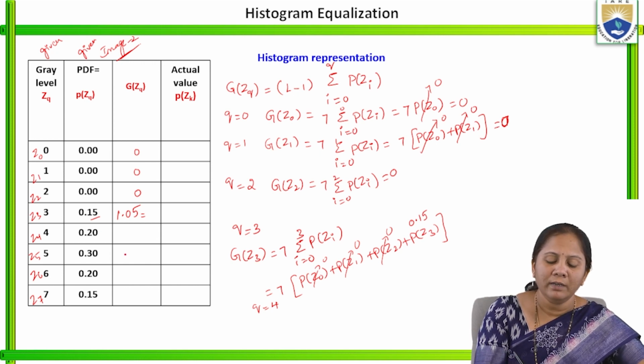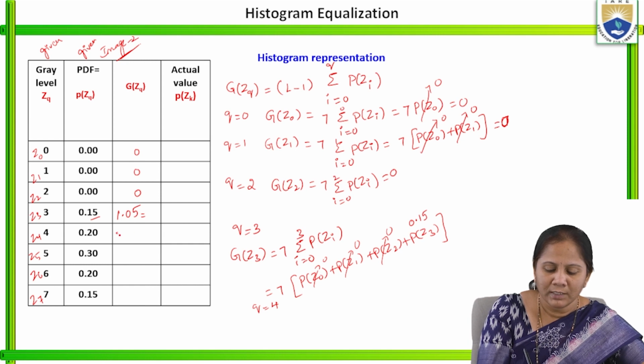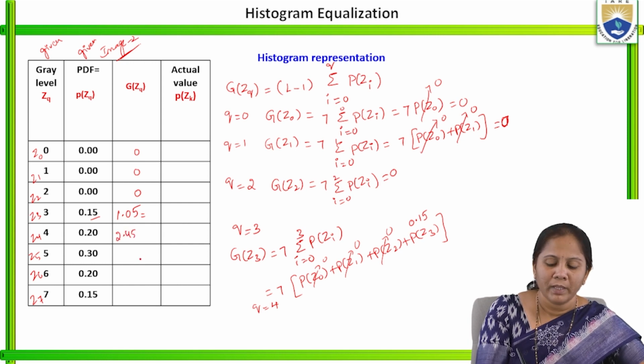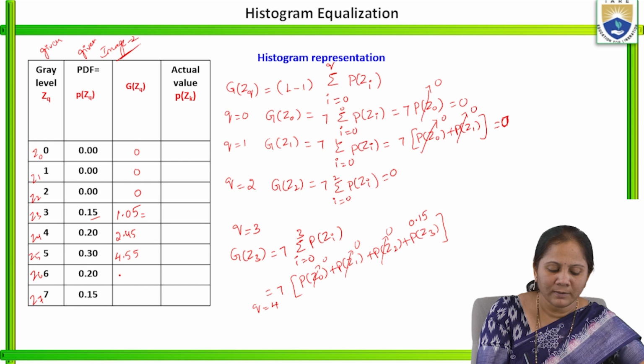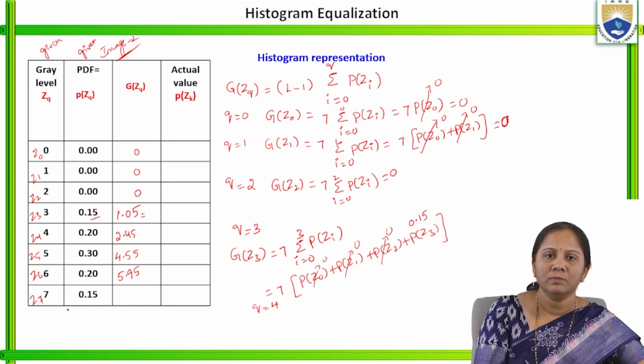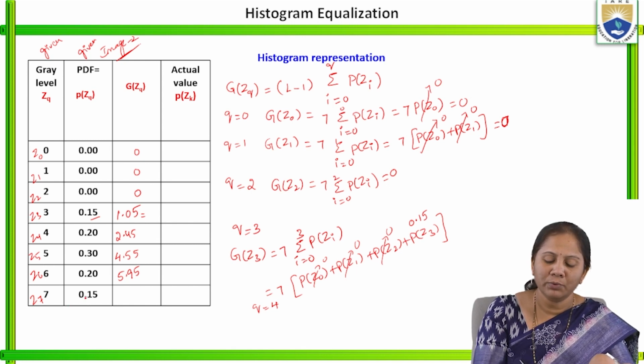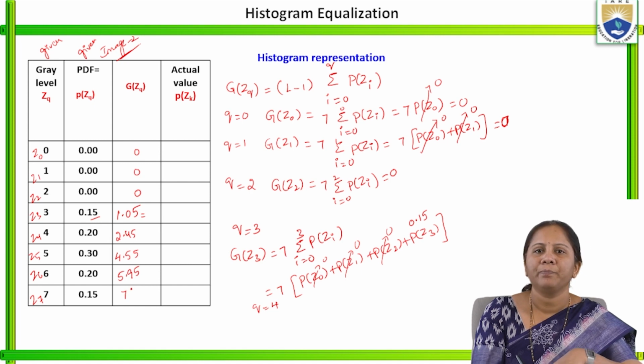So if we find when Q is equal to 4, we will get G of Z4 as 2.45, and for Q is equal to 5, we will get G of Z5 as 4.55, and next for Q is equal to 6, we will get G of Z6 as 5.95, and for Q is equal to 7, we will get G of Z7 as 7.